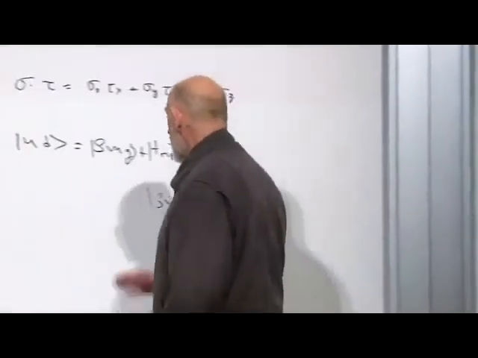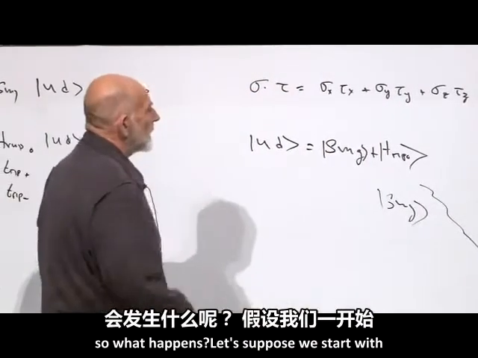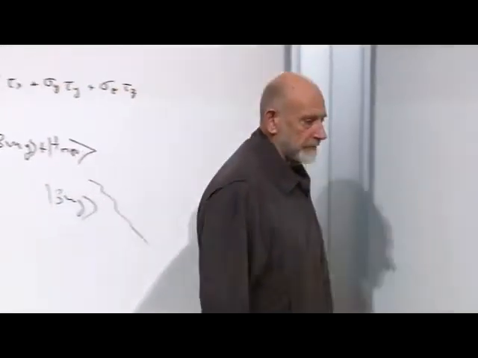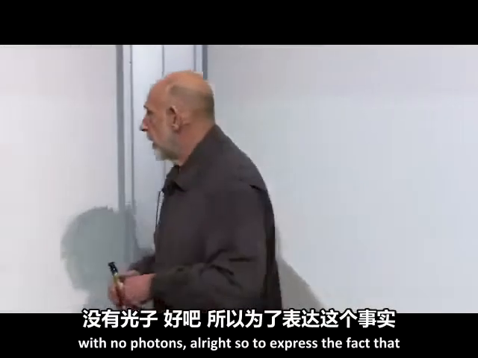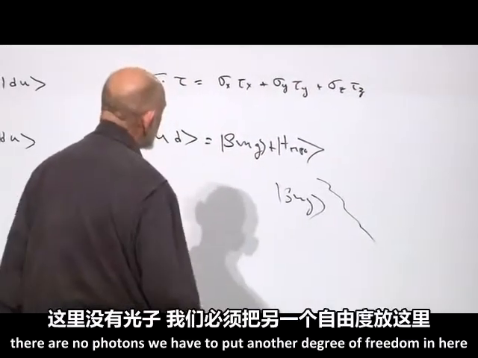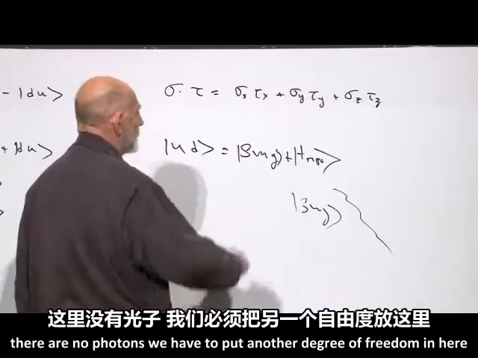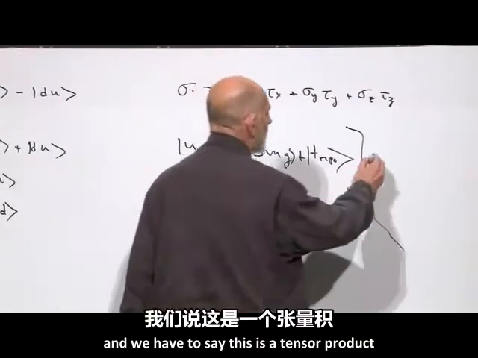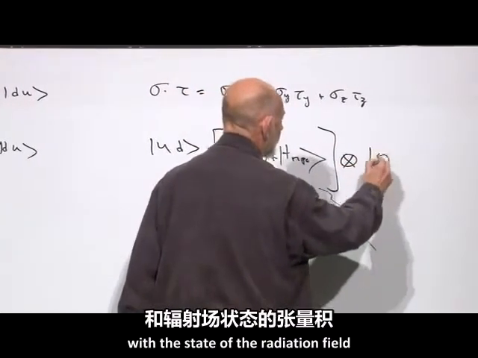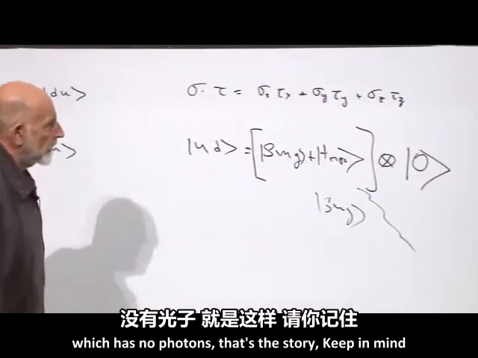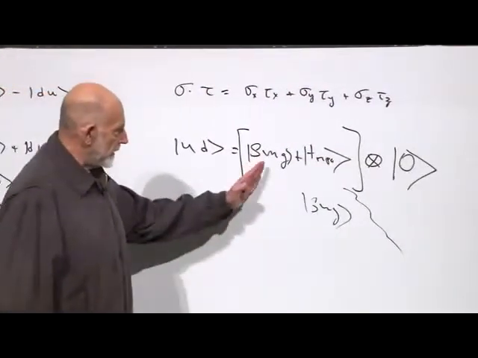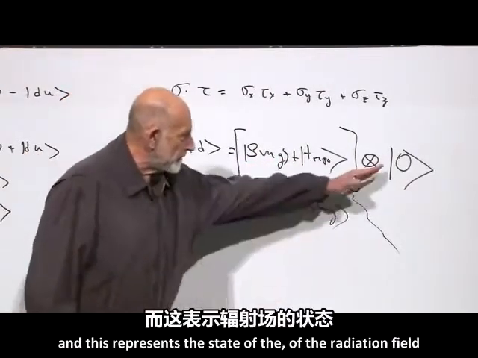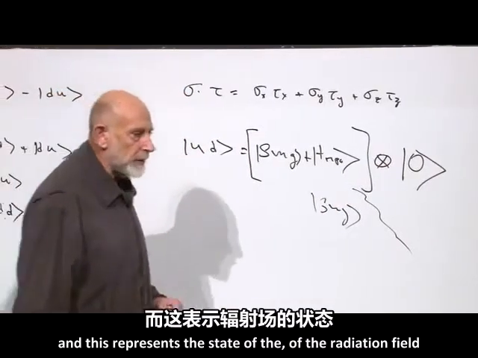Okay? So what happens, let's suppose we start with a singlet and the triplet superposed in this way with no photons. All right, so to express the fact that there are no photons, we have to put another degree of freedom in here, and we have to say this is a tensor product with a state of the radiation field which has no photons. Keep in mind, this here represents the two electrons, either in the singlet state or the triplet state, and this represents the state of the radiation field.